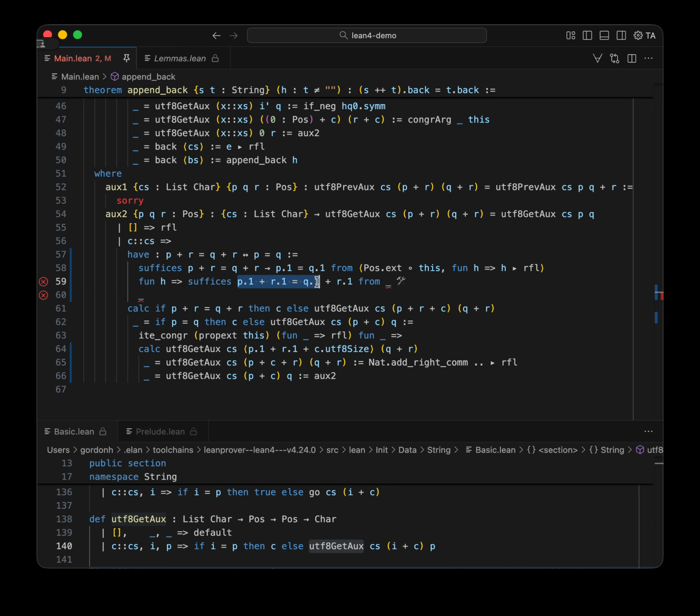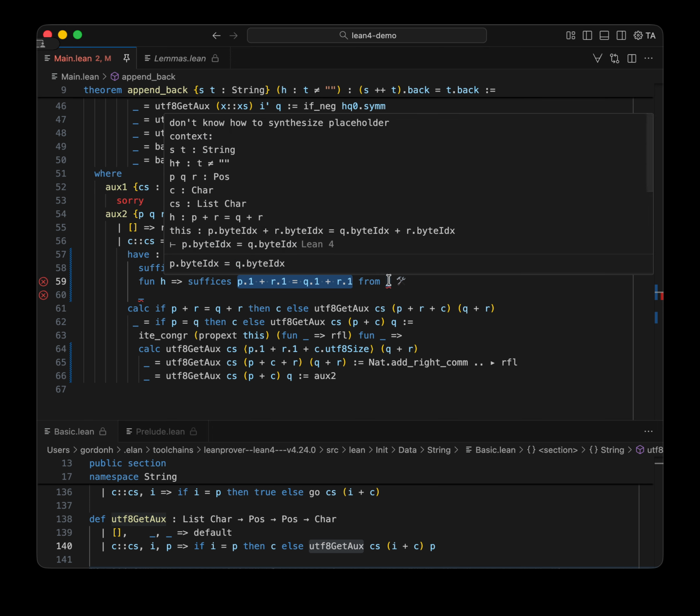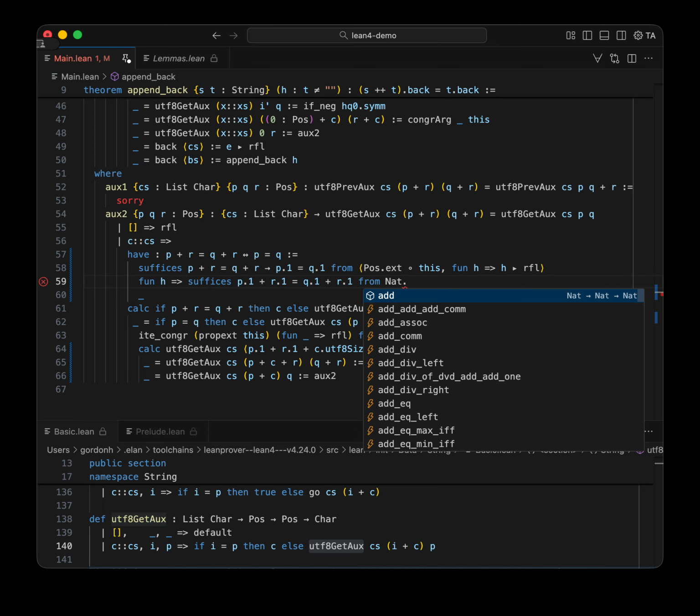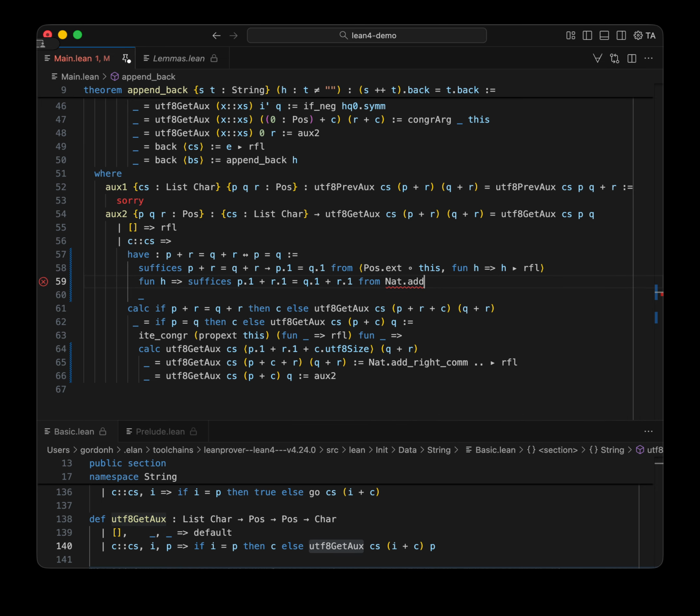Say I have this, then I have the cancellation rule. Cancel on the right.